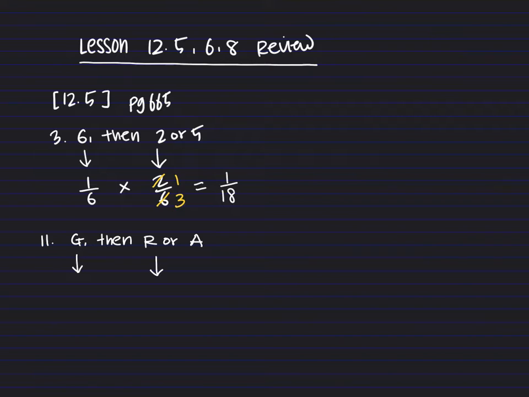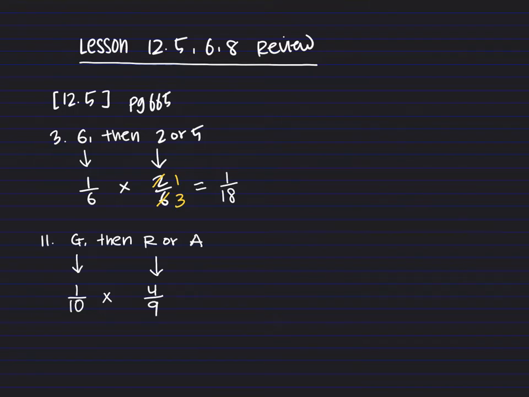From pre-algebra, you have 10 total cards. Out of that, you're only going to have one G in the card set. And then you're going to multiply by R or A. The chance of having an R or A is actually 4 out of 9.